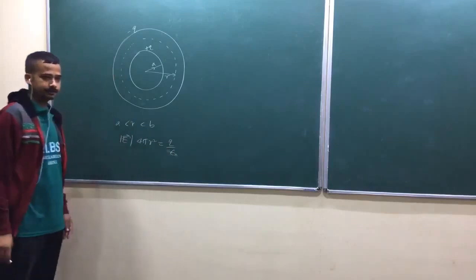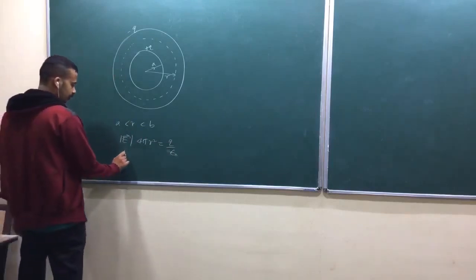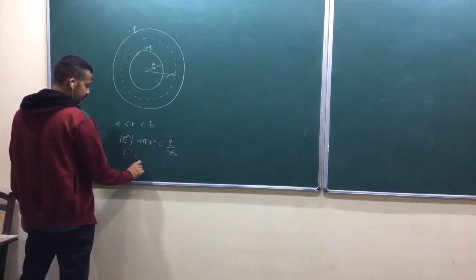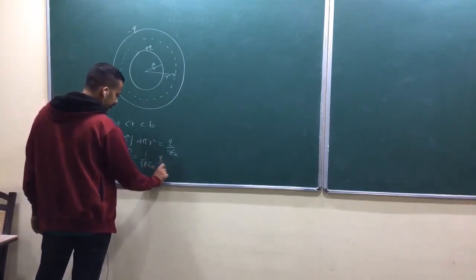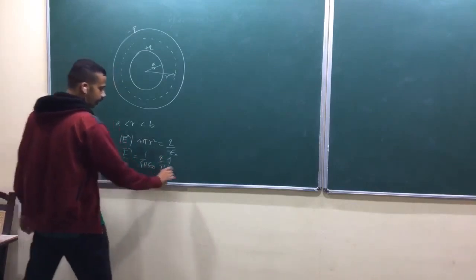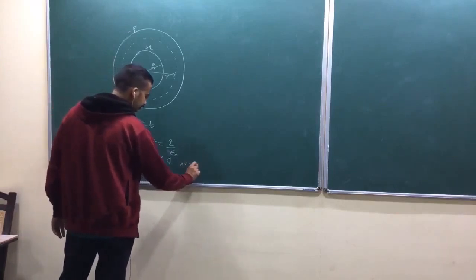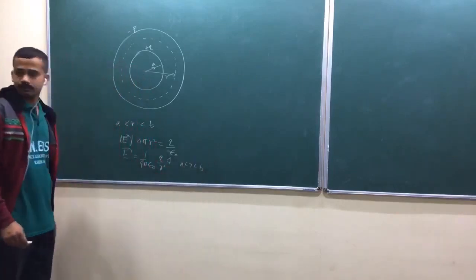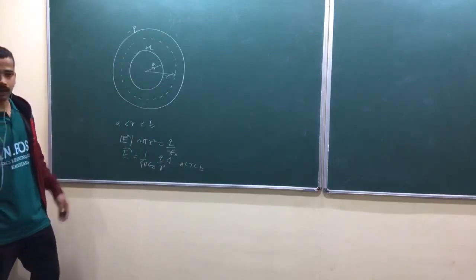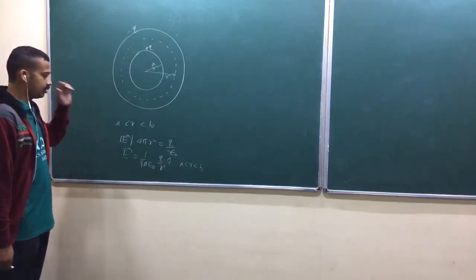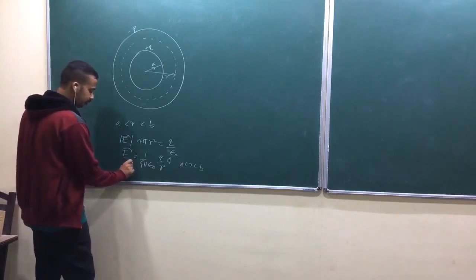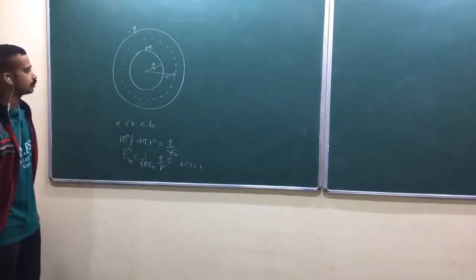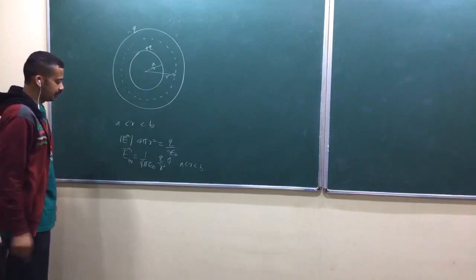So the electric field will be 1 by 4 pi epsilon naught Q by R square R cap when R is between A and B. This is the net, total electric field, due to the outside as well as the inside.